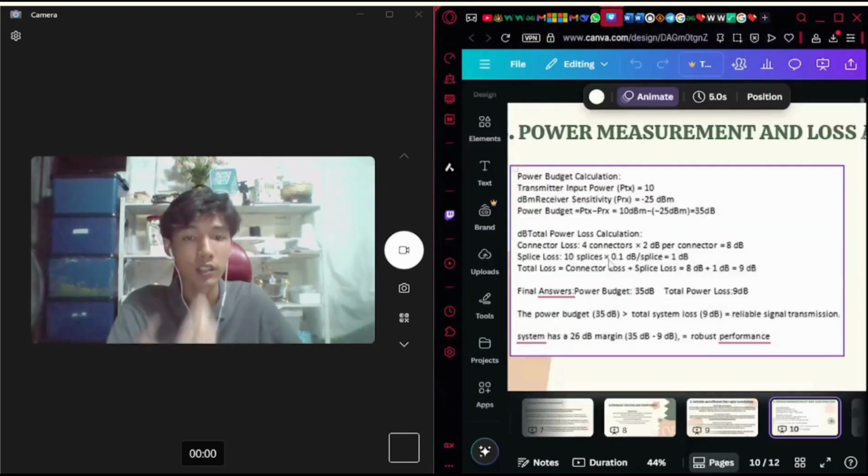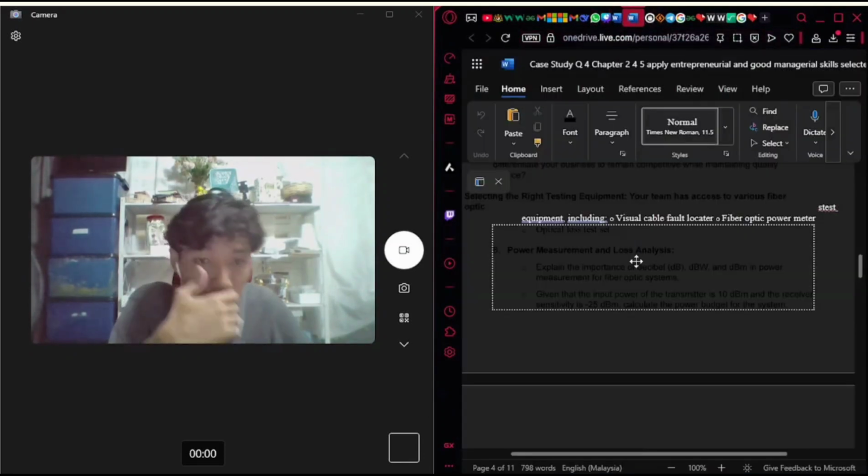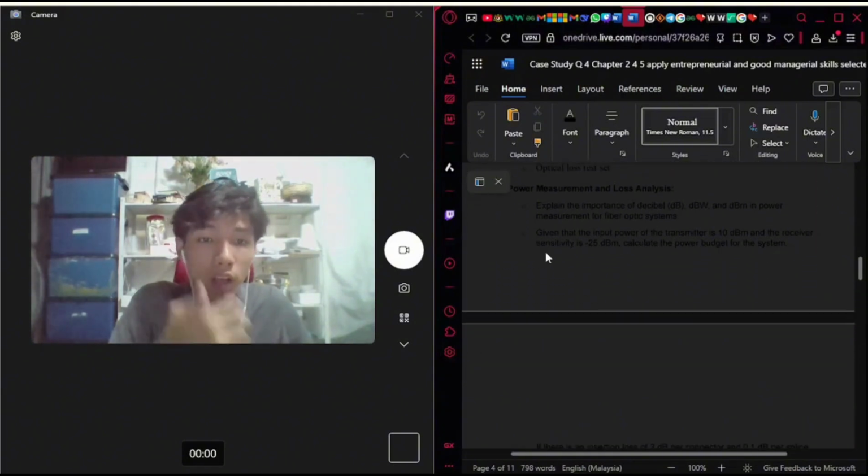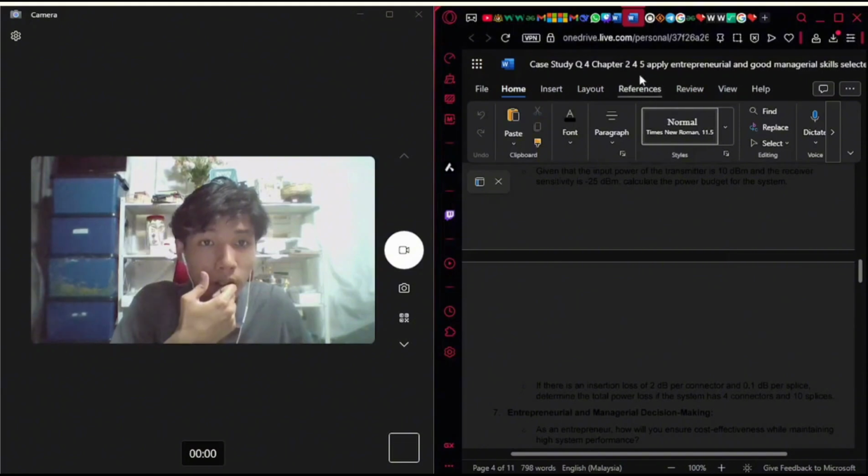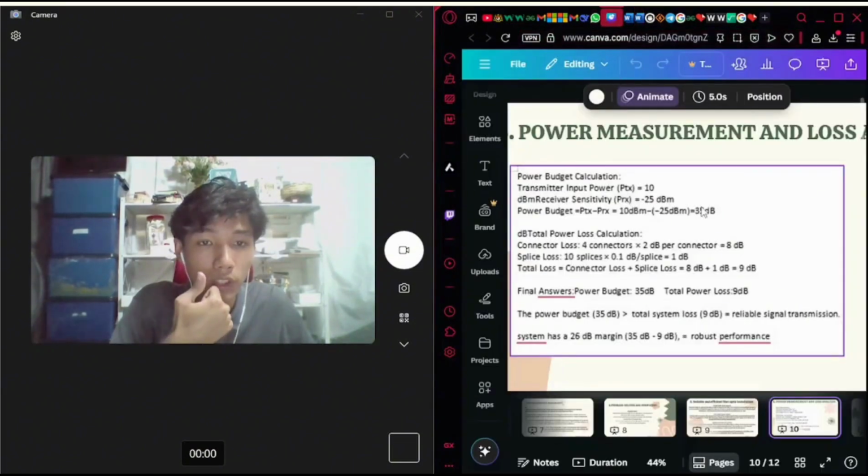As you can see on the question, given the input power of the transmitter is 10 dBm and the receiver sensitivity is negative 25 dBm, calculate the power budget for the system. The first question is about the power budget. The calculation is over here.